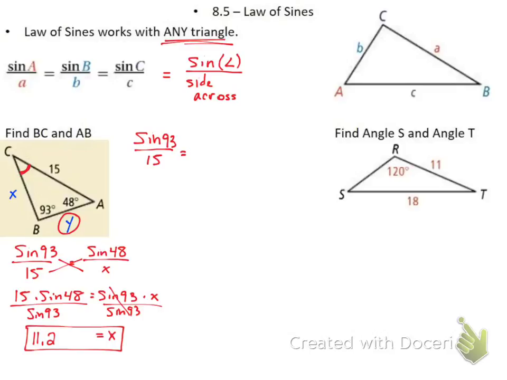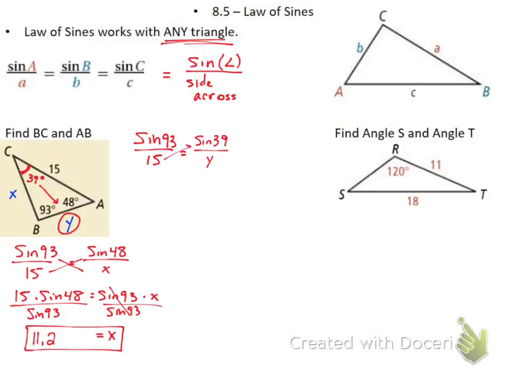Again, all triangles add up to 180, so I can do 180 minus 93 minus 48 to figure out the missing angle, which is 39. So on the other side, I can go sine of 39 over top of Y. Again, across from the 39-degree angle is Y. That's why they go together in the proportion.